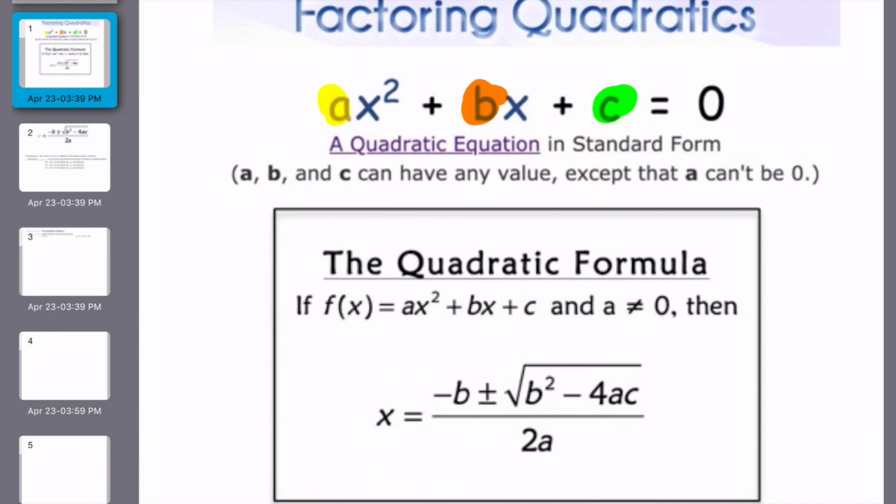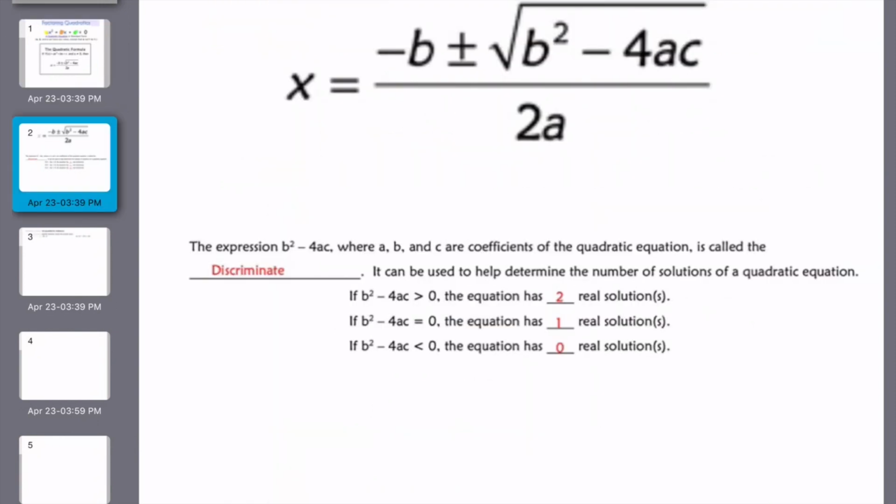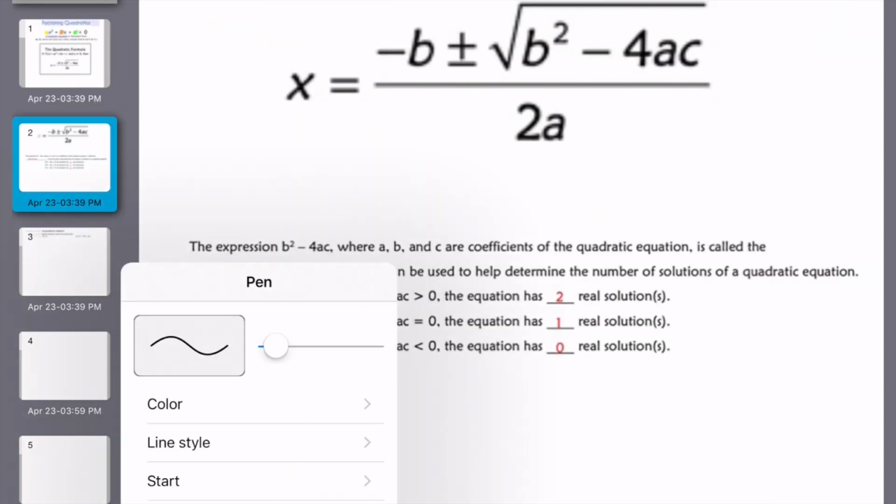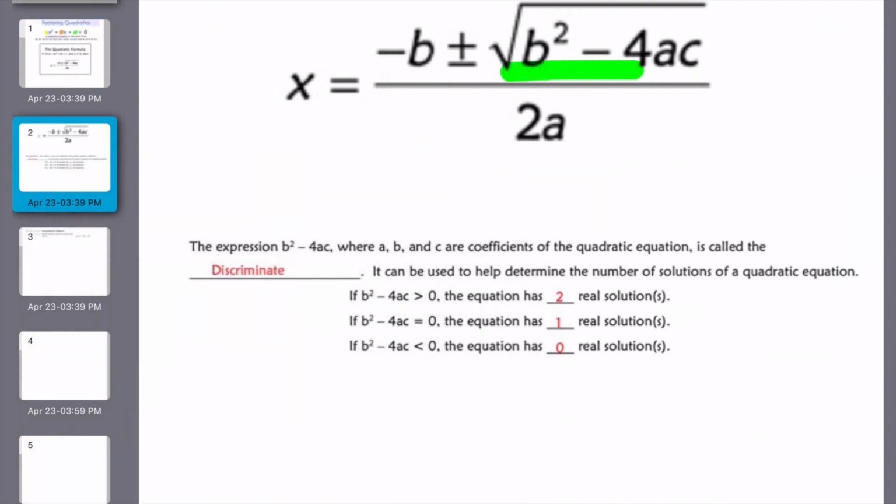But let's try to use this in a second, but I've got one more thing I need to tell you about this. Everything that is under the radical, b squared minus 4ac, actually has a special name. That's called the discriminant, okay? And the discriminant can be used to help determine the number of solutions of a quadratic equation.